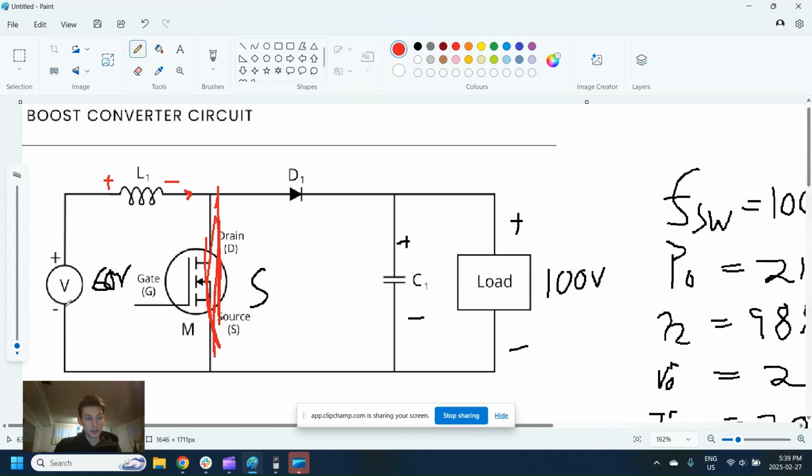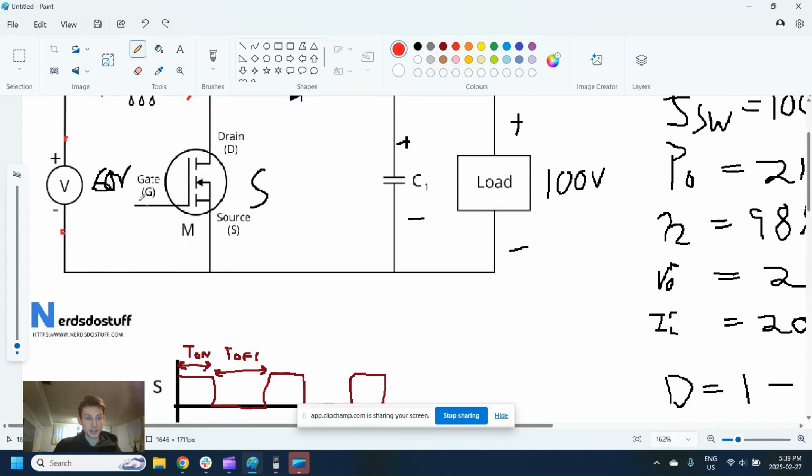That basically just means that this point here is the same potential as this, if this is a straight line, right? All of this is going to be the same potential. So if this is this, and this is this, then we can see that the source voltage is just being put across the inductor directly.